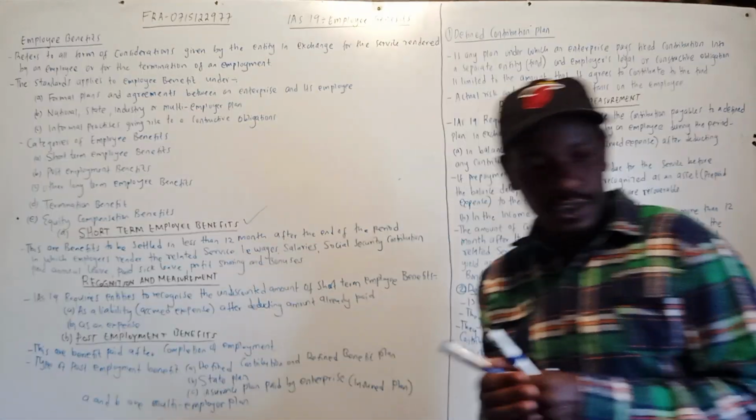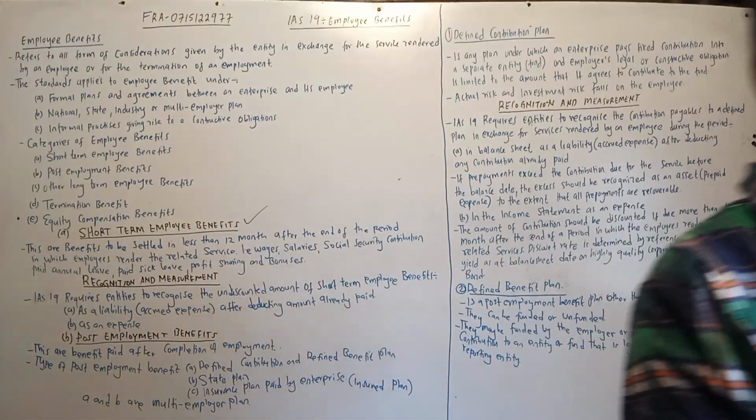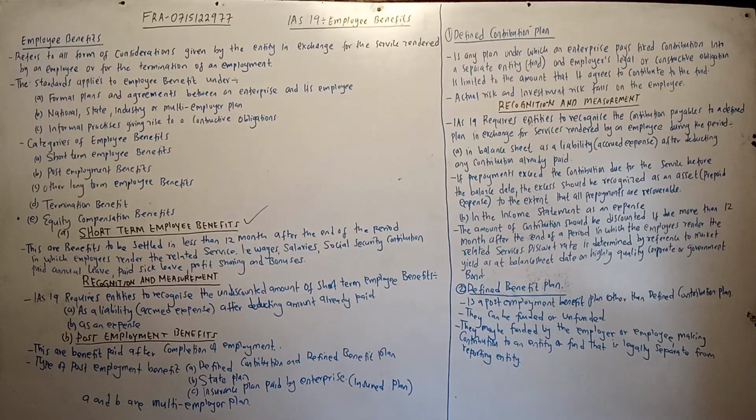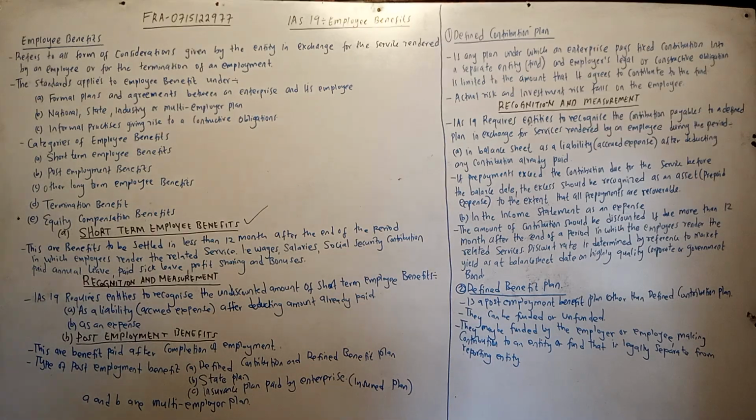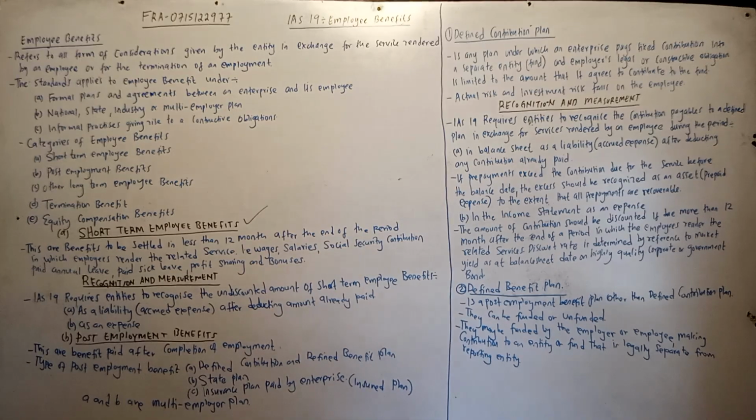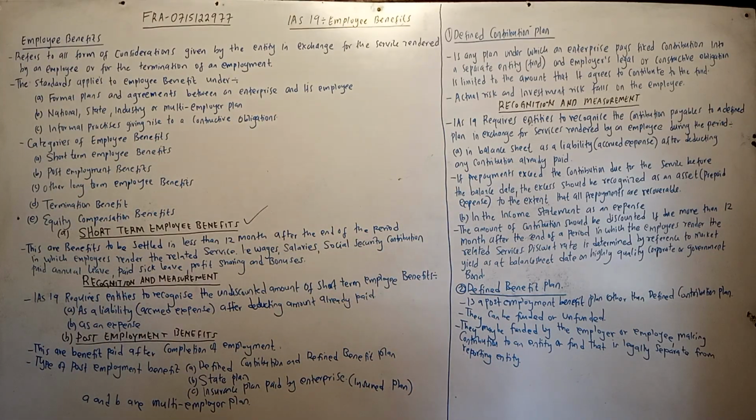Now let us see the short-term employee benefits. These are those benefits which are there for a limited period of time, less than 12 months or less than a year. So these are the benefits to be settled. The entity must settle this benefit in less than 12 months after the employee has rendered the service.